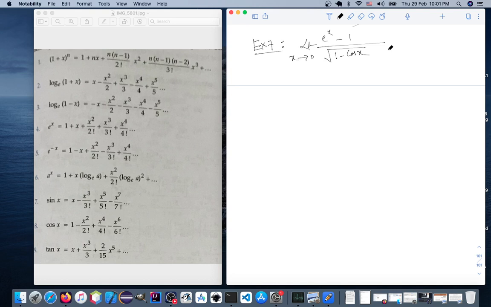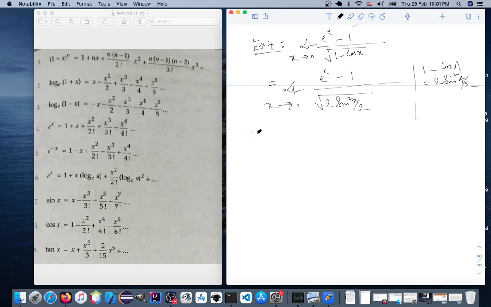So this is e to the power x minus 1, and this becomes 2 sine square x by 2, as we know that 1 minus cos a equals 2 sine square a by 2.